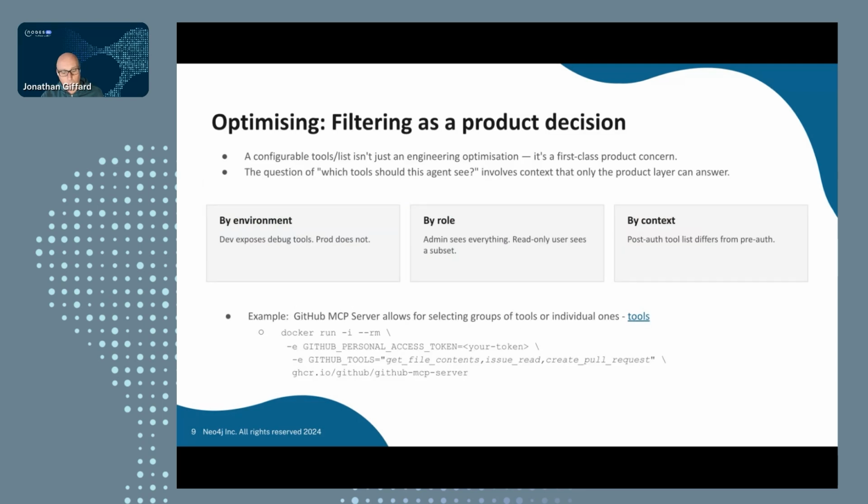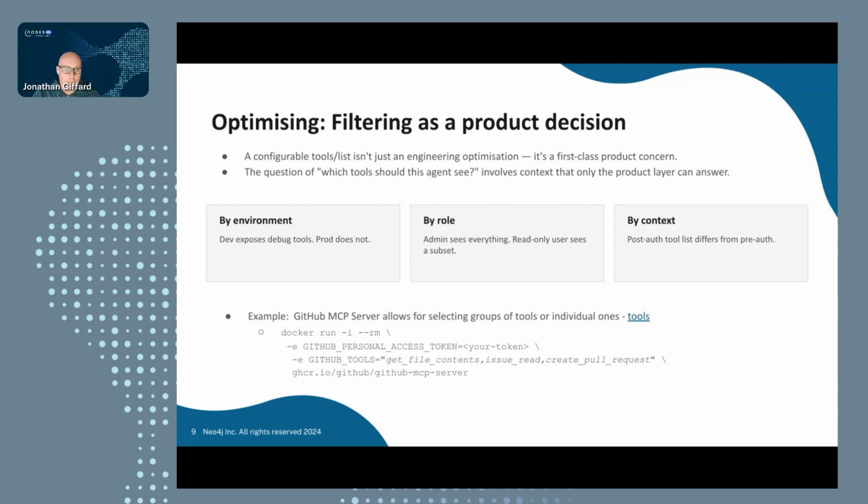And one of the ways we can look at this is to look at filtering tool sets as a product decision, not just an engineering one. So we can look at this in terms of at what point should we give the tools out and how do we go about doing that?